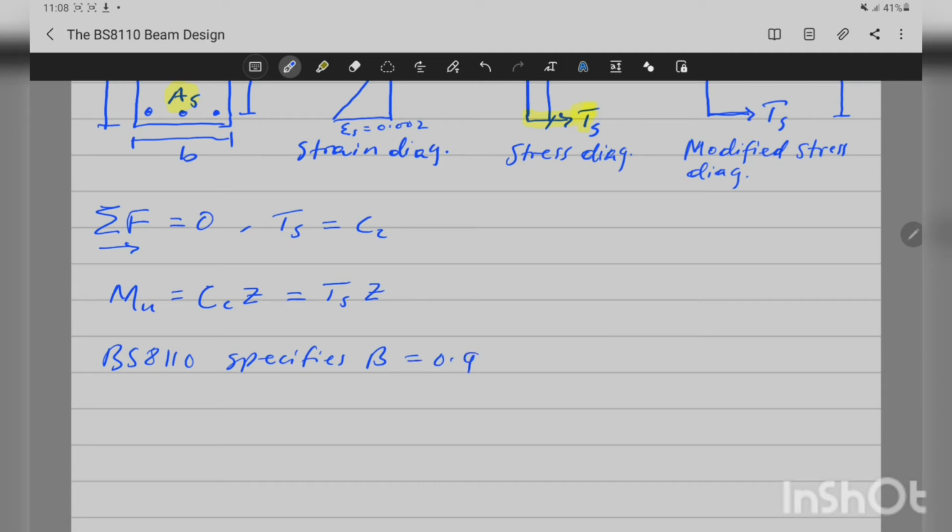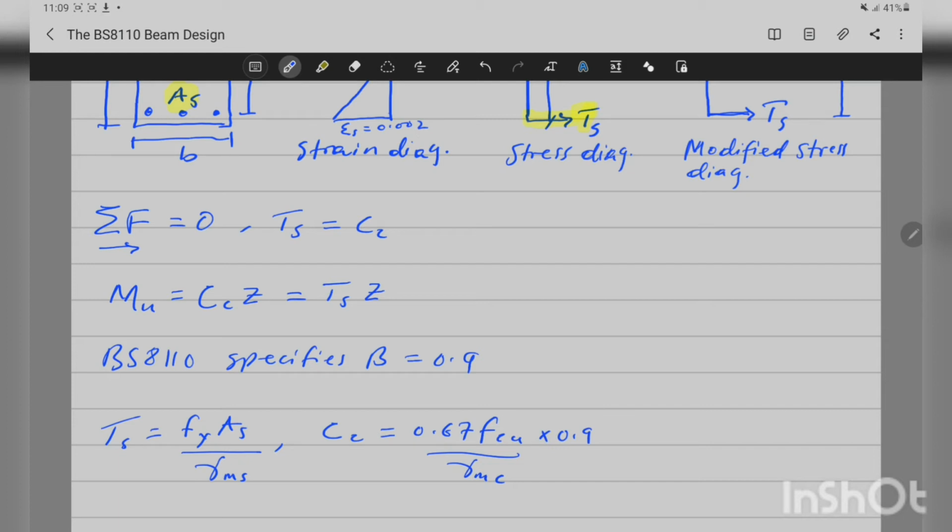So if beta is 0.9, then the force in steel, TS, is equal to the yield strength of steel times the area of steel, out of the material factor of safety for steel, and the force in concrete is equal to 0.67 times FCU, the strength of concrete, out of the material factor of safety for concrete, times 0.9.